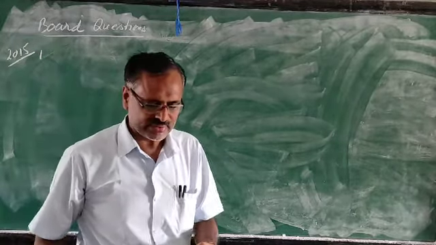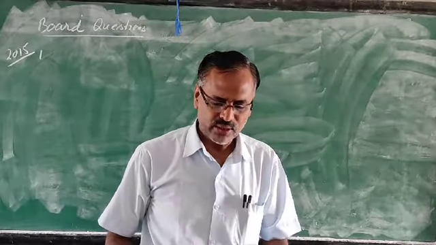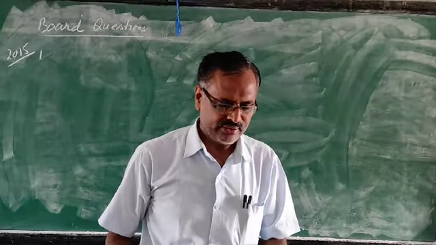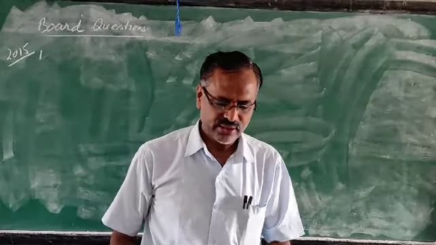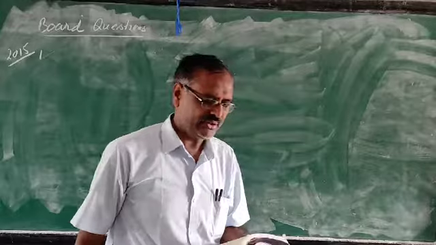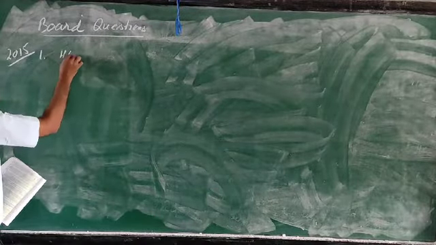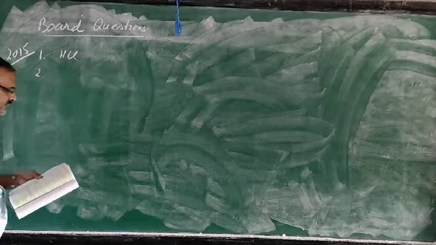Select from the gases ammonia, ethane, hydrogen chloride, hydrogen sulfide, ethyne, the gas which produces dense white fumes with ammonia gas. You know that it is hydrogen chloride. So the answer is hydrogen chloride.